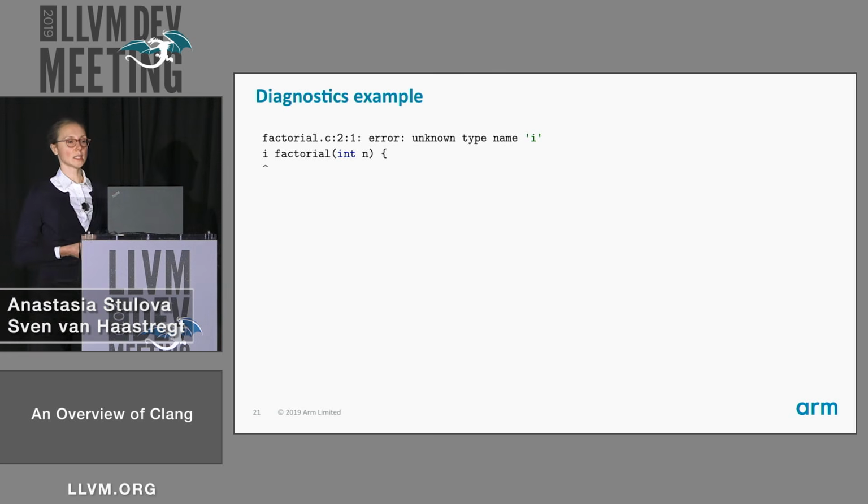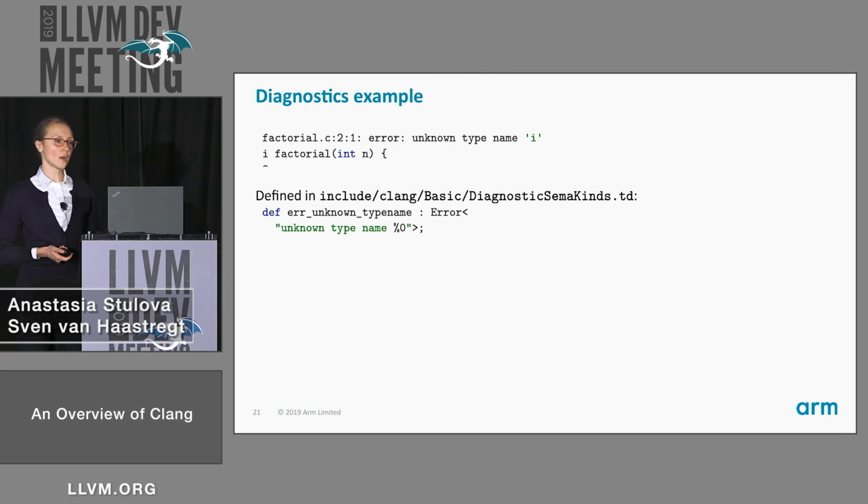Let's assume we mistyped the return type of our factorial function. And if we compile this code with Clang, it will provide an error, unknown type name I. This error is defined in the DiagnosticSemaKinds.td file. And I have to say, most of the errors are defined in this file. If you check the size of the file, that's the largest file for defining diagnostics.